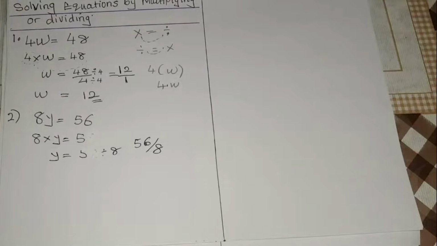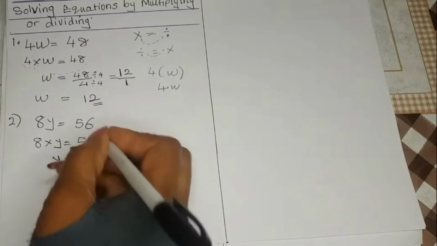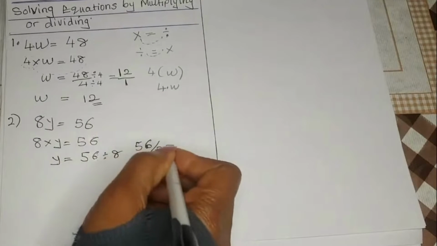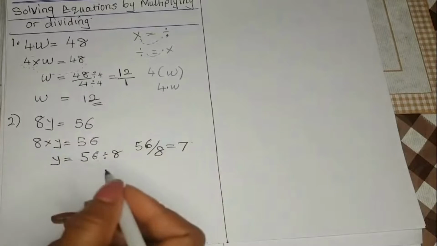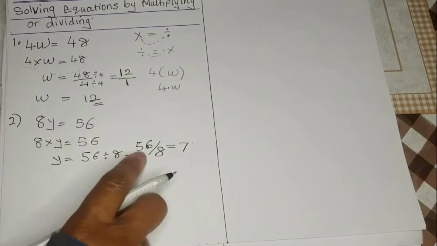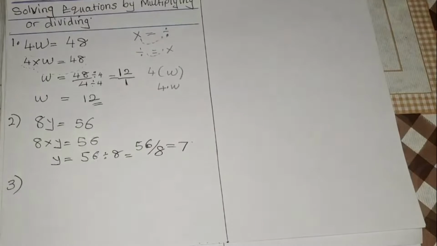Okay, so which number when you multiply it by 8 will give you 56? Might as well say 7. So divide. It's going to give you 7. Okay, that's it. If you have any question, let me know.